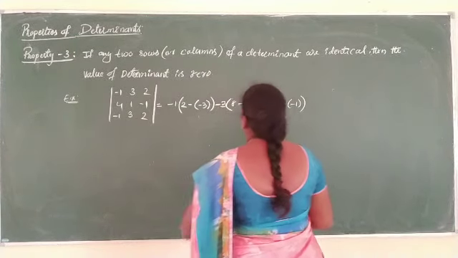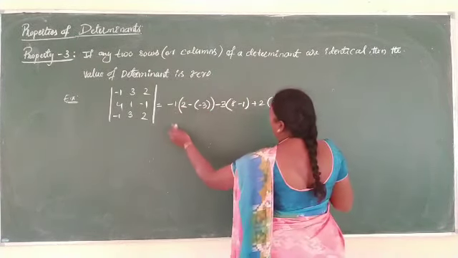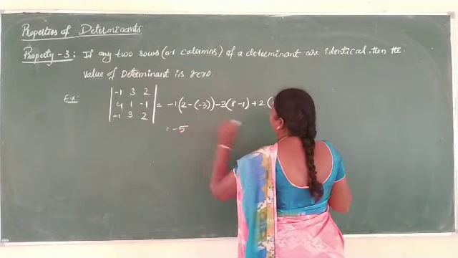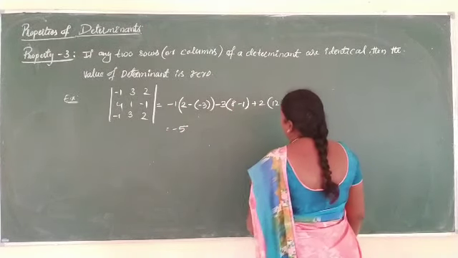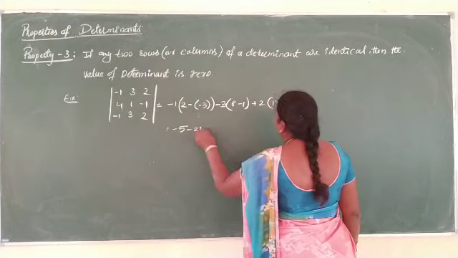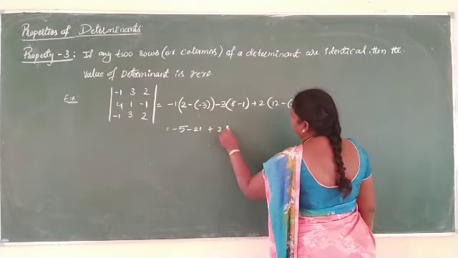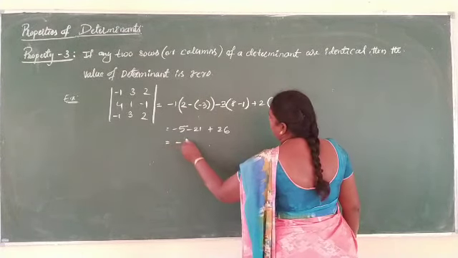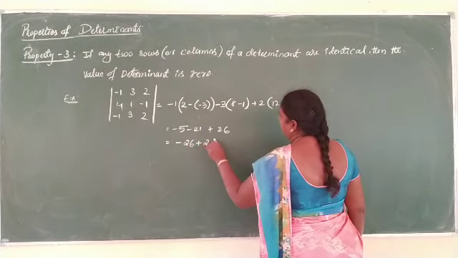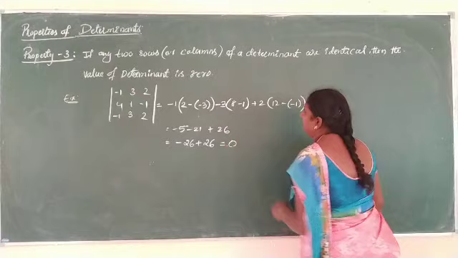Simplify: 2 plus 3 is 5, so -5. 8 minus 1 is 7, 7 threes are 21, plus 12 plus 1 is 13, 13 twos are 26. So -26 plus 26, we got the value 0.